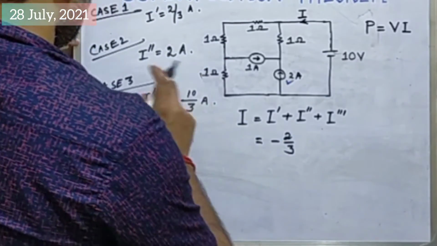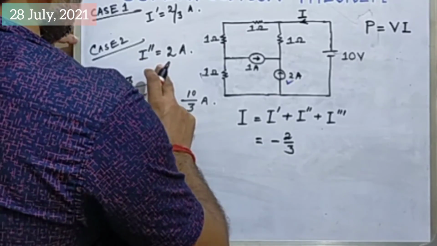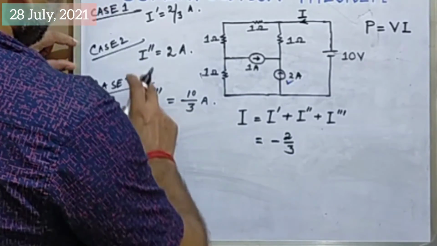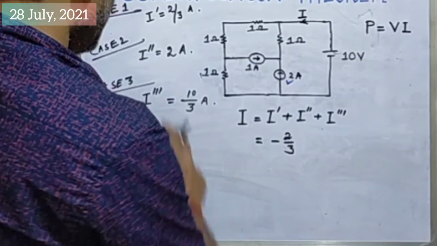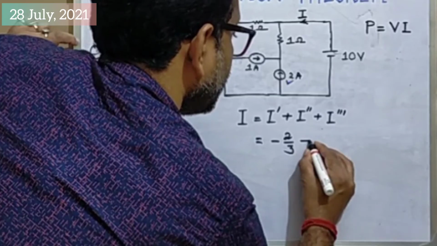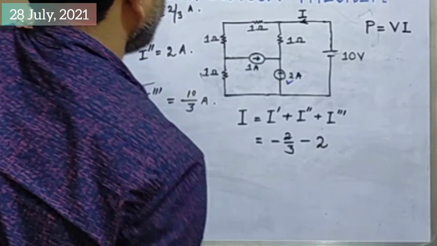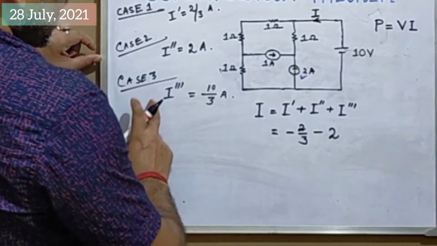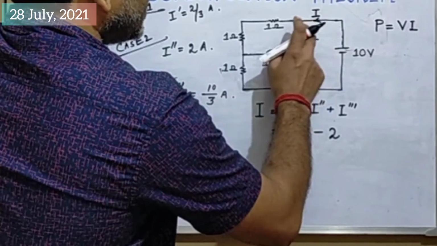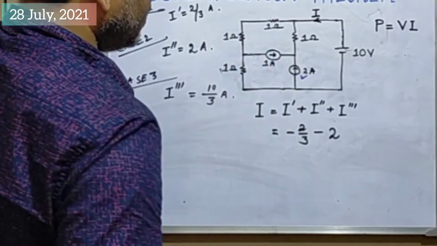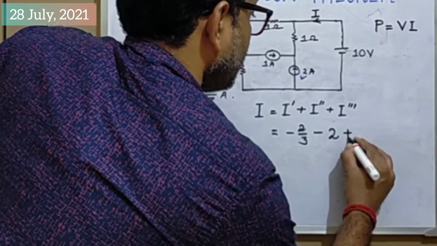Again, in the case of I double dash, the same thing is happening. That means I double dash is just opposite to the actual direction I. So again we should consider minus 2. Then only I triple dash maintains the actual current direction, that's why it will be considered positive.